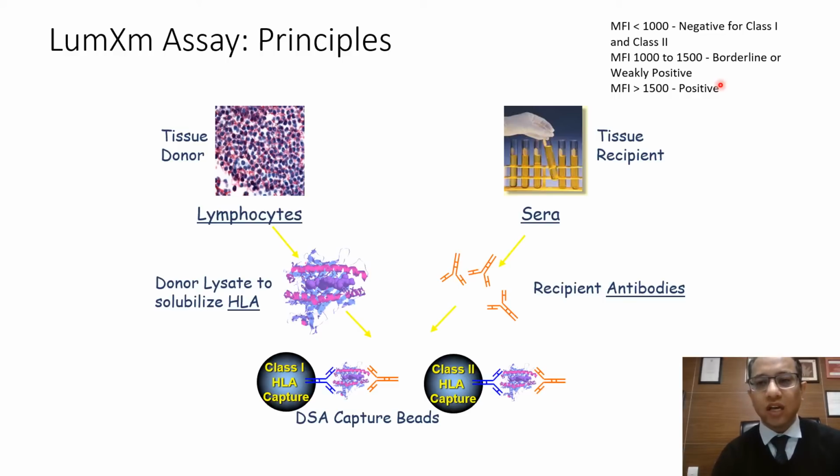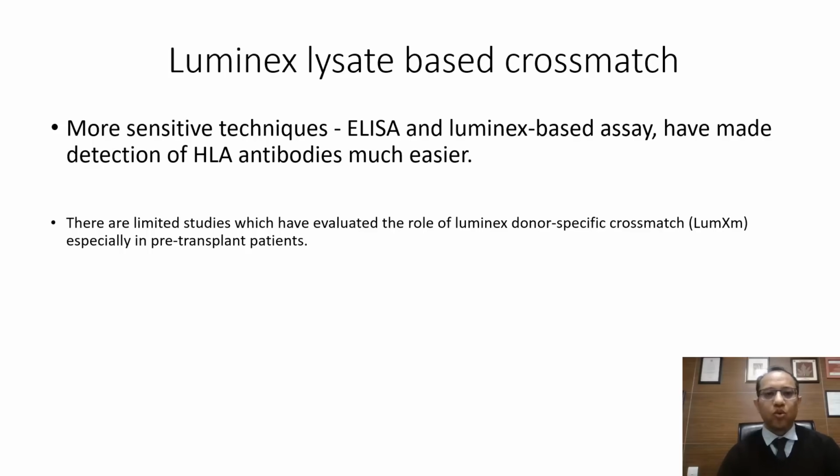The cutoff that we take is generally 1000 MFI for class 1 and class 2. If the MFI value is less than 1000, it is considered negative. If it is 1000 to 1500, it is borderline or weakly positive. And if it is more than 1500, it is considered positive. So it is a sensitive technique. Why is it sensitive? It's because of solid phase technology.